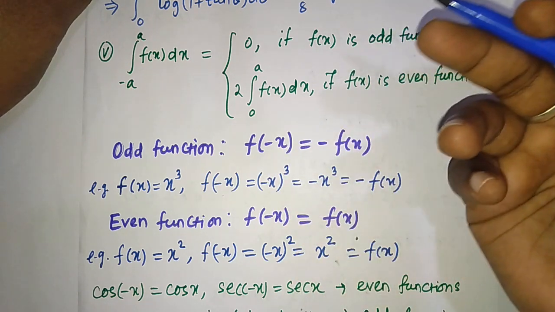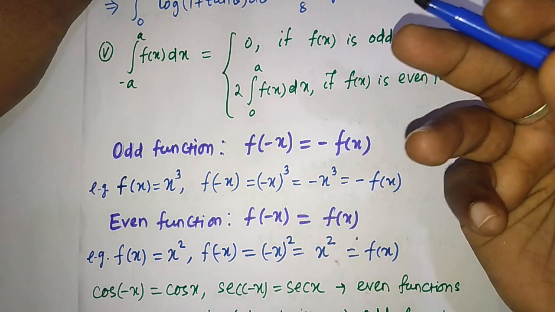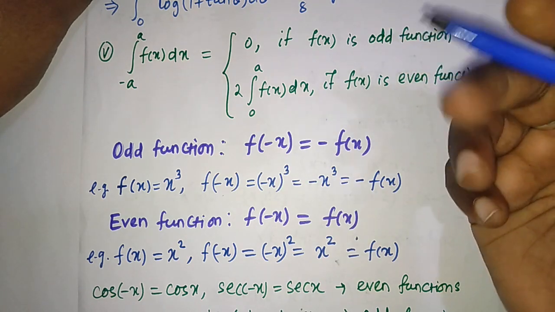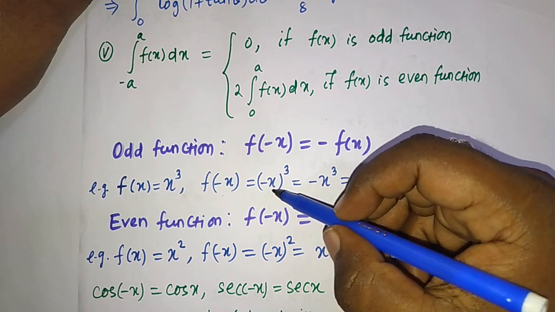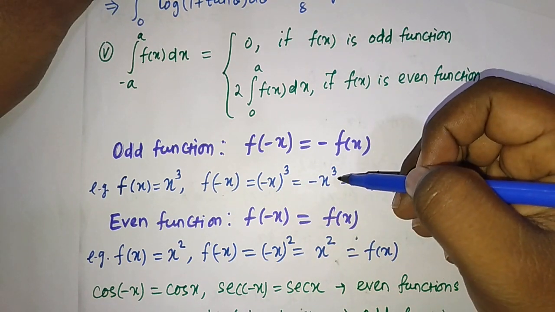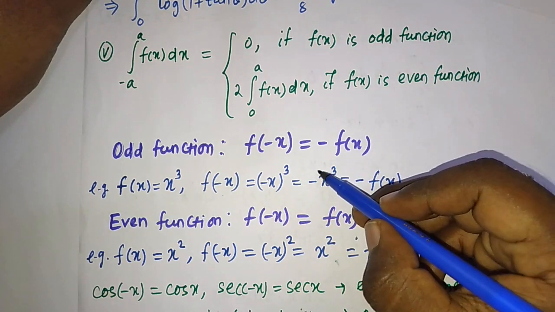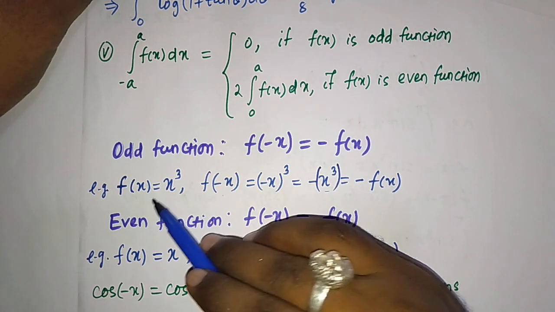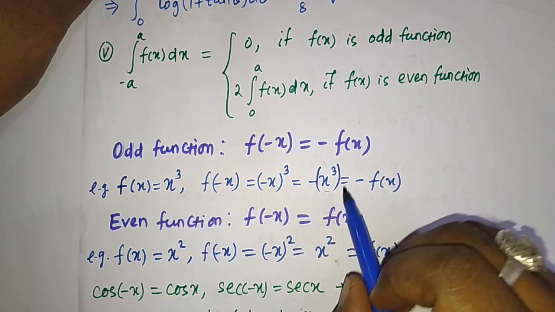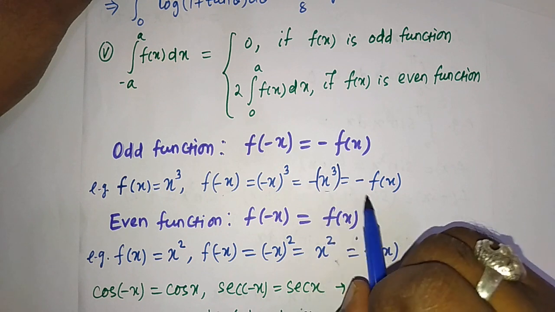If you multiply minus 1 three times, you will get minus 1. So minus x whole cube is equal to minus x cube, but this x cube is the given function, so it becomes minus f of x.